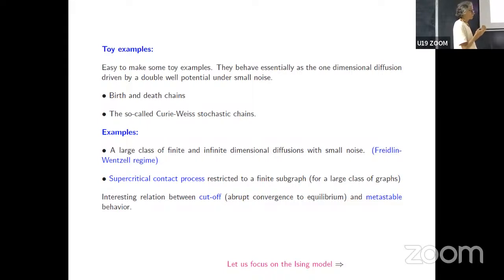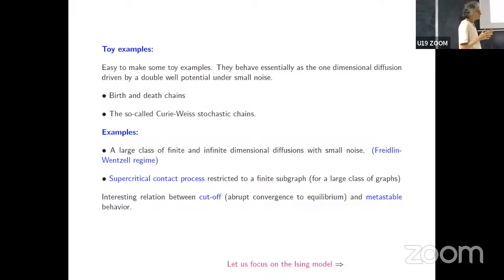Now all these small random perturbations of a dynamical system whose drift has some attractive sets, a finite number of them. So this is the Freidlin-Wentzell regime. And another important example is the so-called contact process, an important model for the spread of an infection.